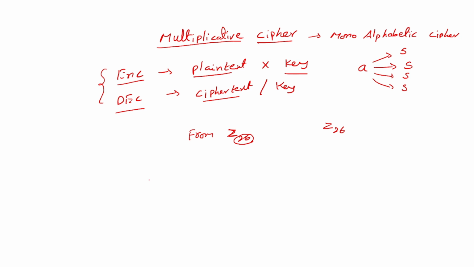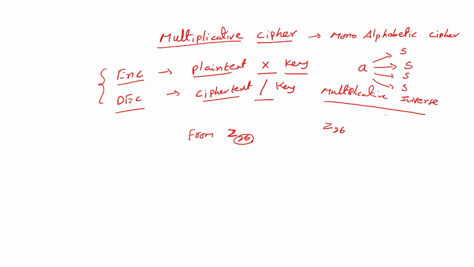So at the encryption side we are going to multiply, and at the decryption side, in place of division we are going to use the multiplicative inverse. We already discussed multiplicative inverse in the previous sessions.